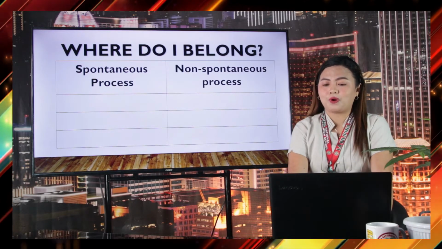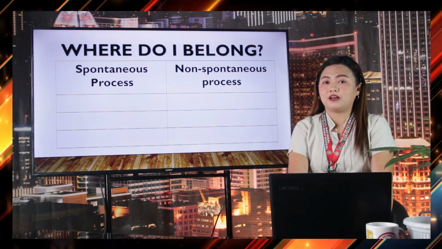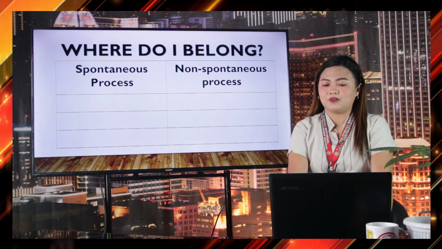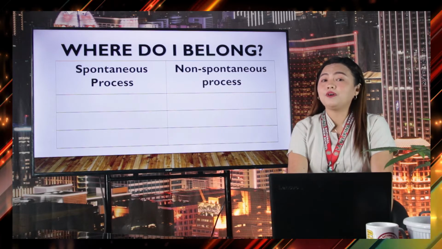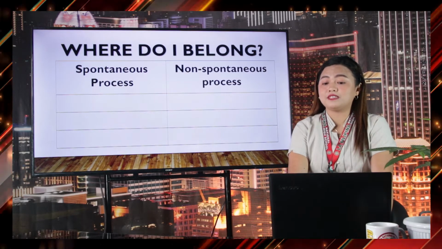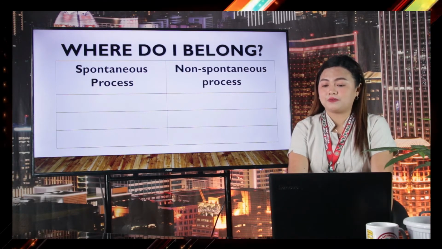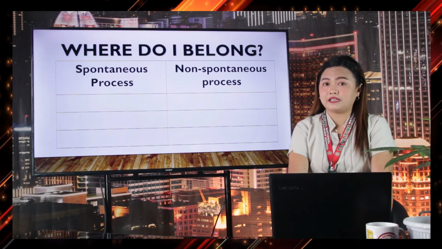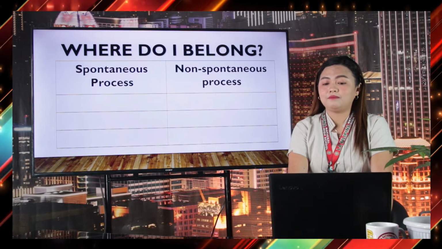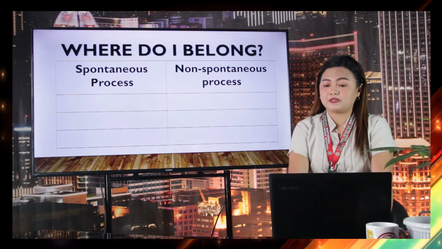For those viewers, you can follow the table on screen, and for those listeners, follow my direction carefully. You are going to make a table consisting of 2 columns and 3 rows. In the first column, write spontaneous process, and the second column, write non-spontaneous process.